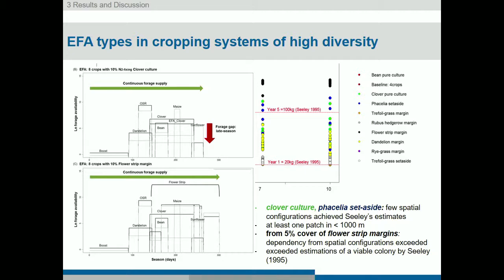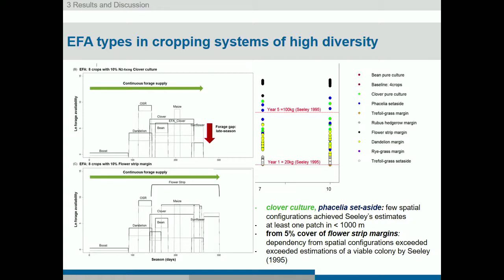In this figure you can see the nectar and pollen supply over the season for the implementation of 10% nitrogen fixing crop clover in the agricultural system of high diversity. You have continuous supply of nectar and pollen until late summer, but after this you have a late seasonal gap.